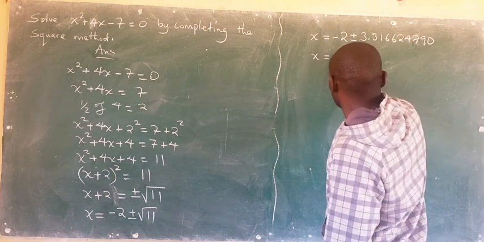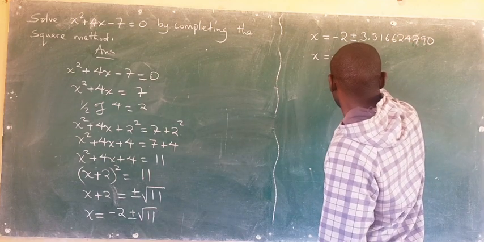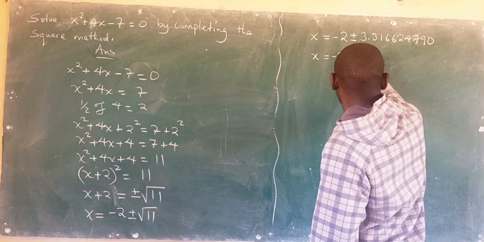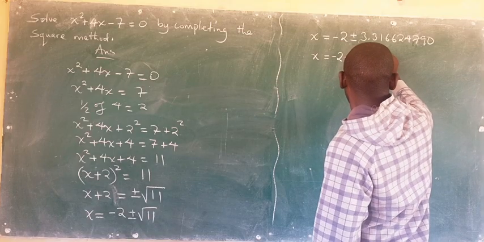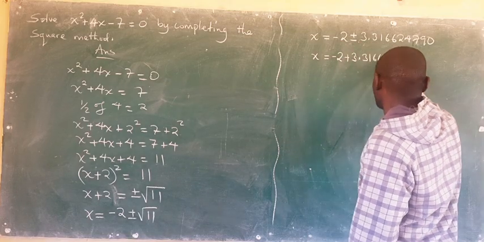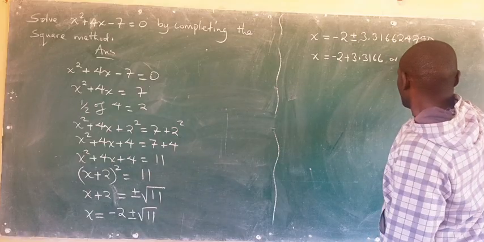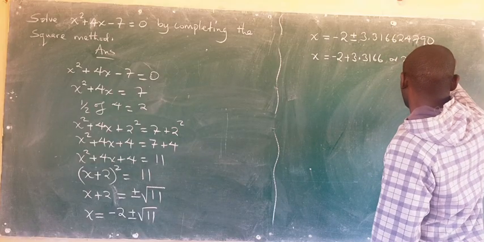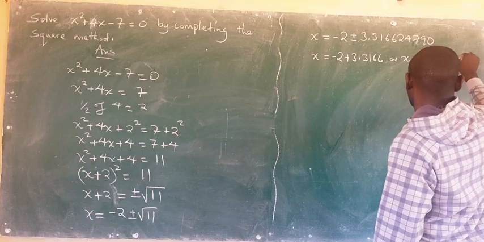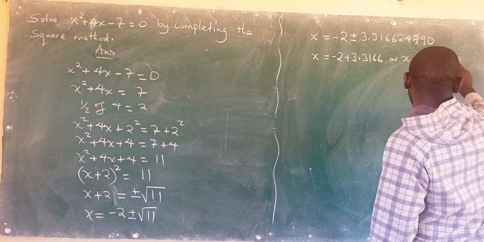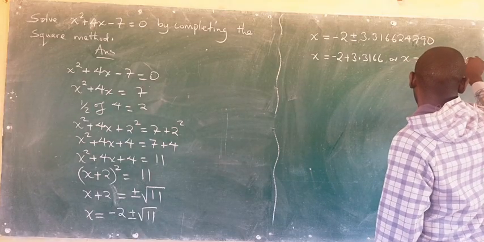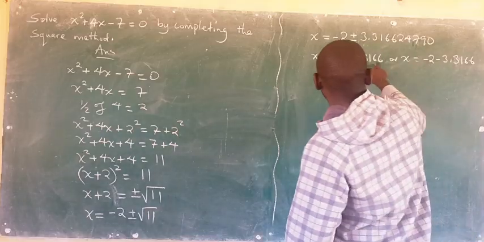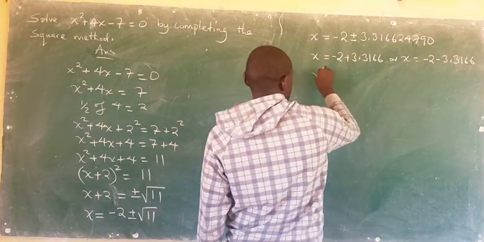So negative 2 plus 3.316, let me just round it off to 4 decimal places, 3.3166. Or the other one, it's negative 2 minus 3.3166. So here we are just subtracting.